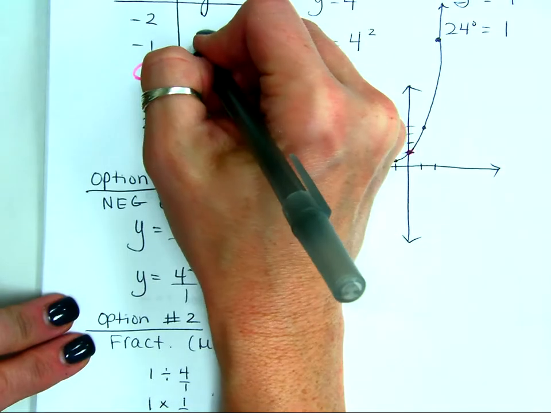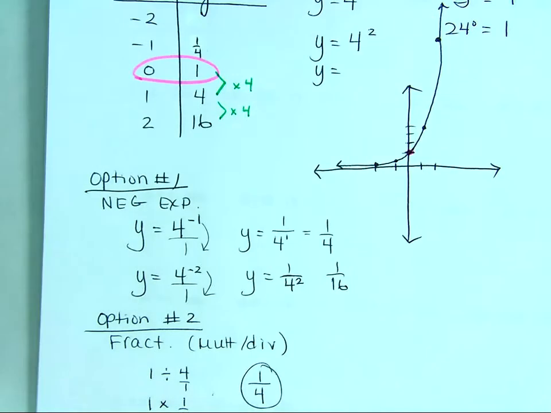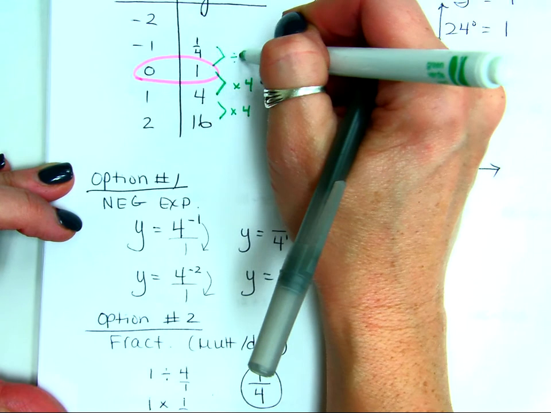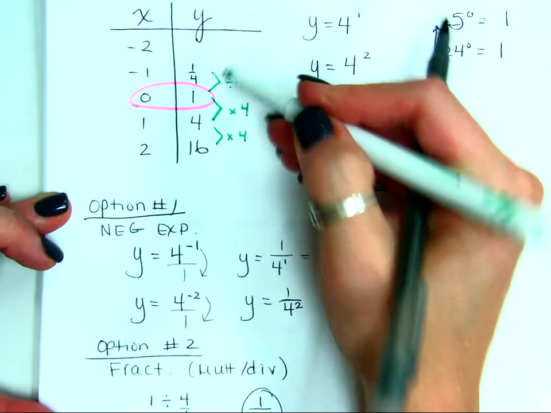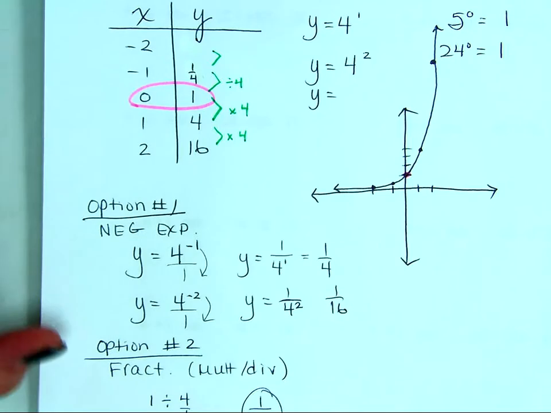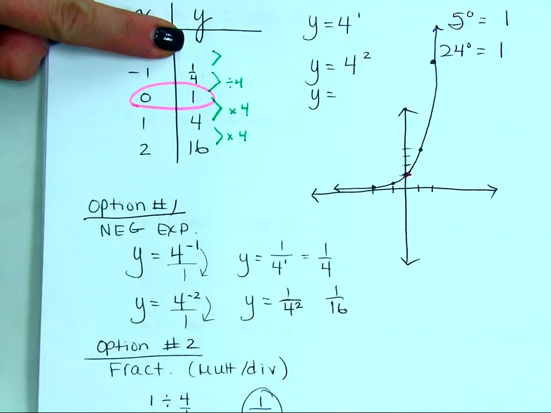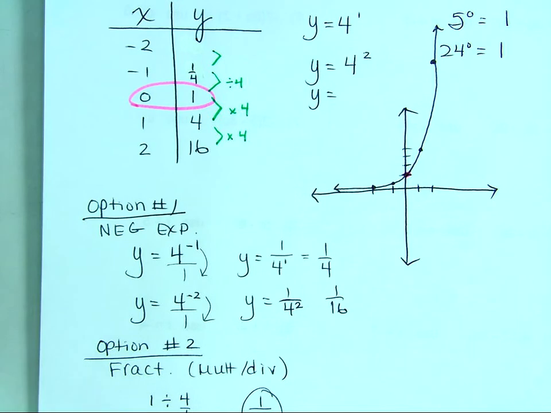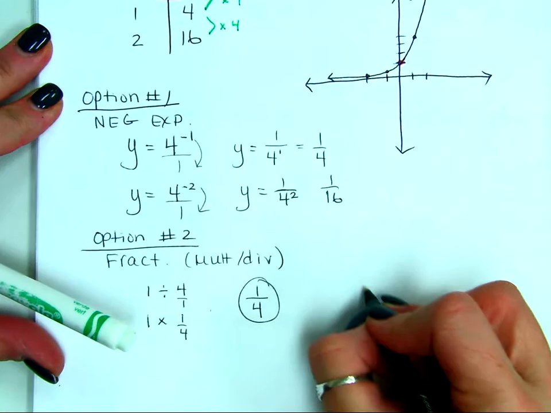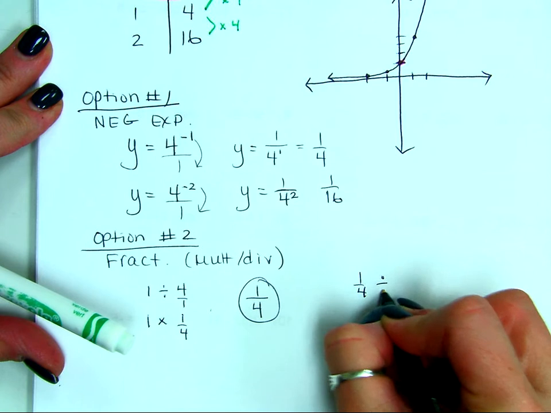So now that I know that that's 1/4, and I'm working backwards here, I divided by 4 to get there, I can take 1/4 and divide it by 4 to get what I started with. Because I want to know, what did I multiply by 4 to get 1/4? It sounds crazy, I know, but just think about it. So now that I know that that's 1/4, I want to divide that by 4.